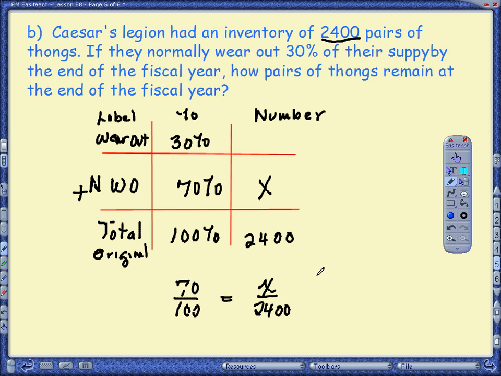You're just going to cross multiply. You're going to get 100 times x equals 70 times 2400. And then you're going to divide that product by 100. You can do the work right on your calculators.